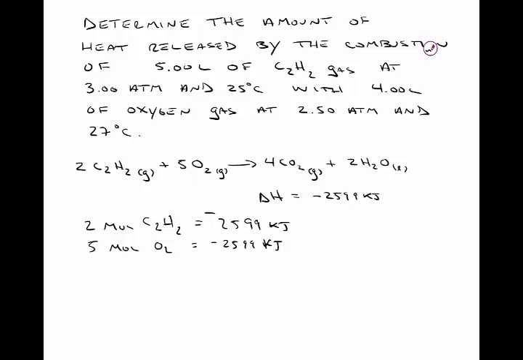What about the moles of the acetylene and the moles of the oxygen? I'm going to use the ideal gas law to solve for both of these. Let's start off with the acetylene, C2H2. I'm rearranging the ideal gas law equation so that we can solve for n. Remember, the ideal gas law is PV equals nRT. Rearranging to solve for n, the moles of gas, I have PV over RT. From the information in the problem, I know that the pressure of the acetylene is 3 atmospheres.